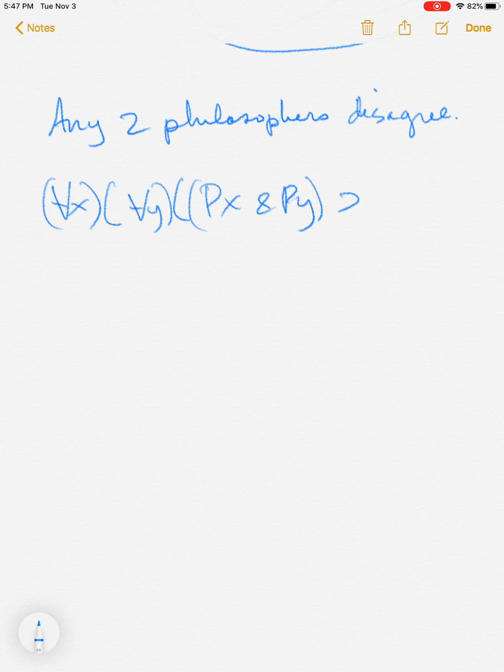Well, how would we put that? Given any, let's try this, for all x and for all y, let's say the universe of discourse be people and Px mean x is a philosopher, okay? If x is a philosopher and y is a philosopher, and we'll have Dxy mean x disagrees with y, then x disagrees with y. Or we could have Dxy mean x and y disagree, okay?